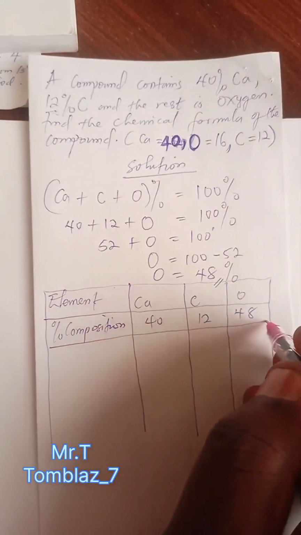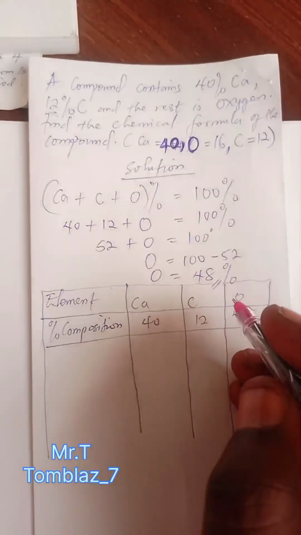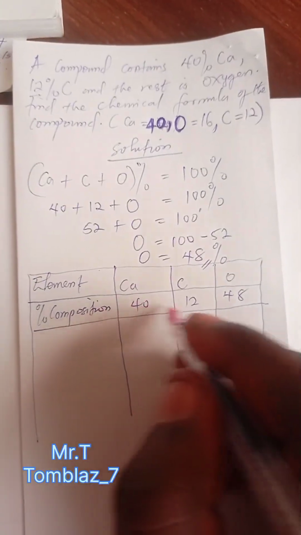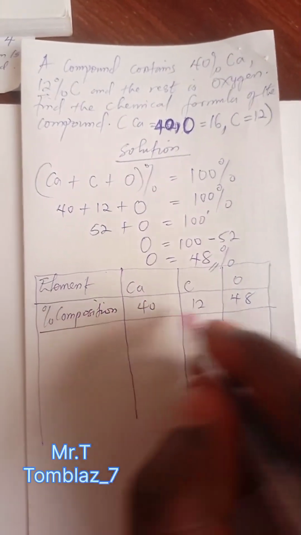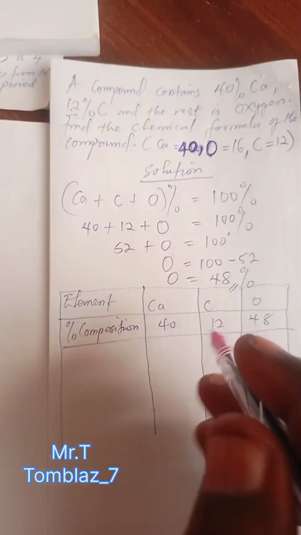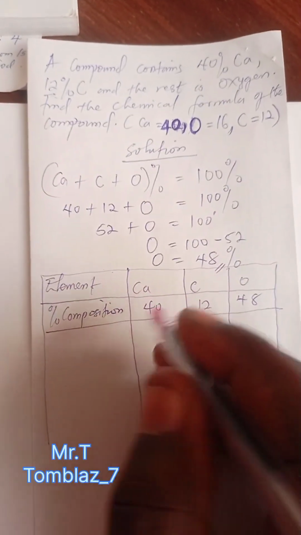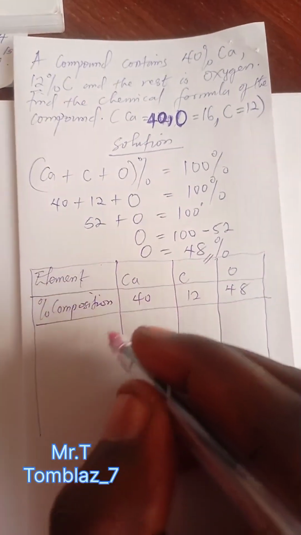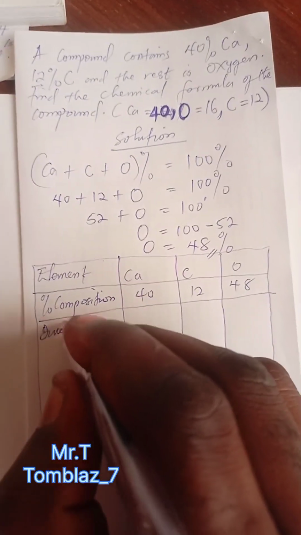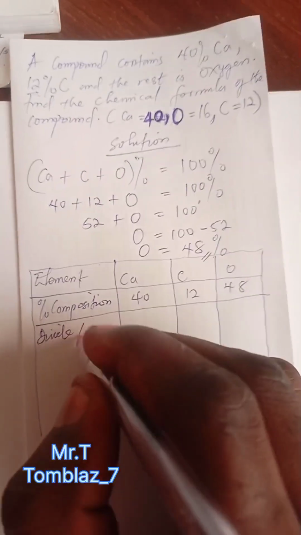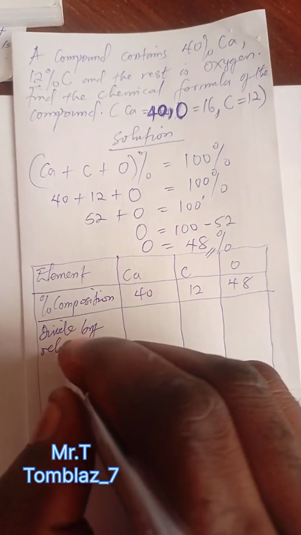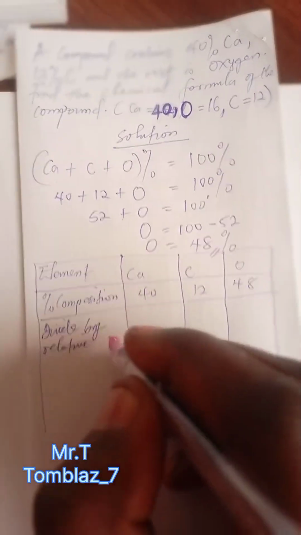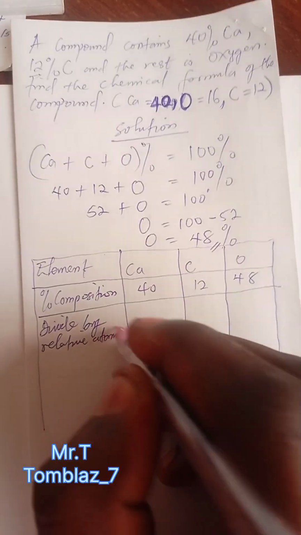Now the next step is for us to pick the relative atomic mass of each of these and divide the composition by it. So we now divide by the relative atomic mass of each.